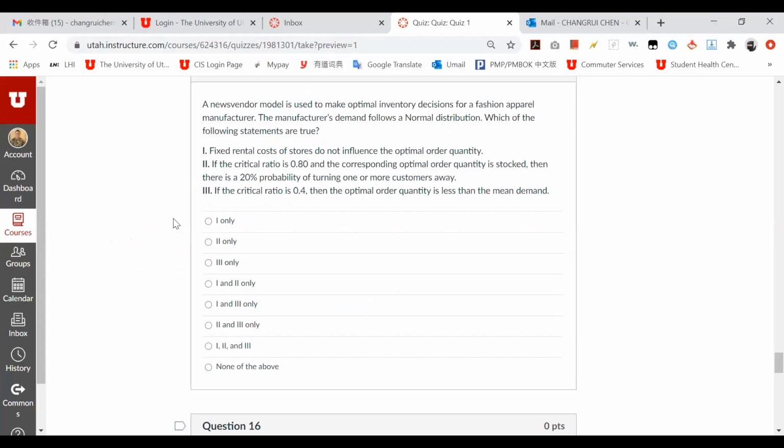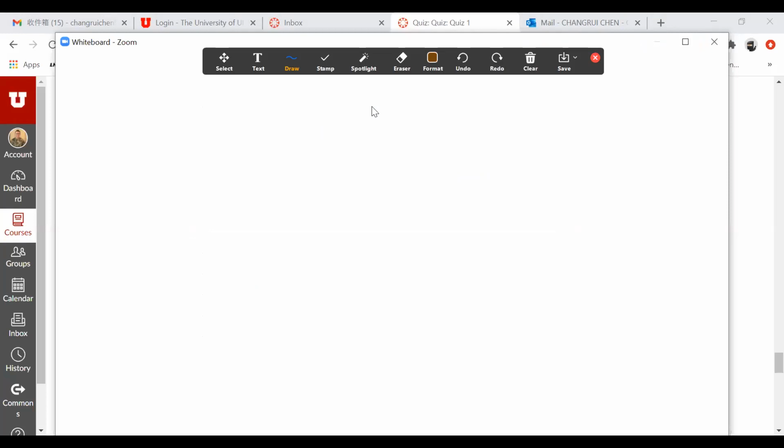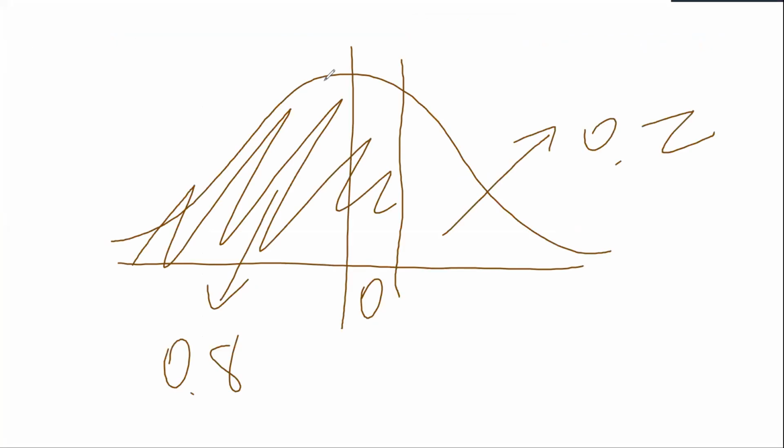If the critical ratio is 0.4, then the optimal order quantity is less than mean demand. Yes. If the critical ratio is 0.4, so this line is divided.